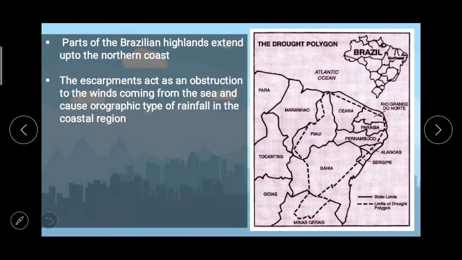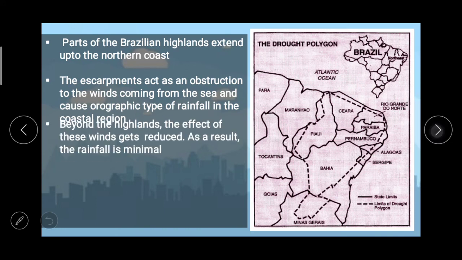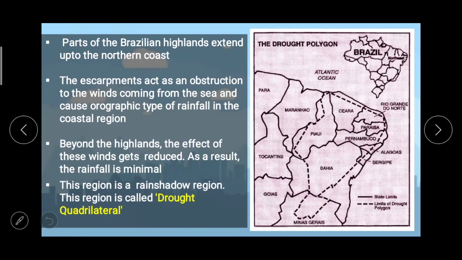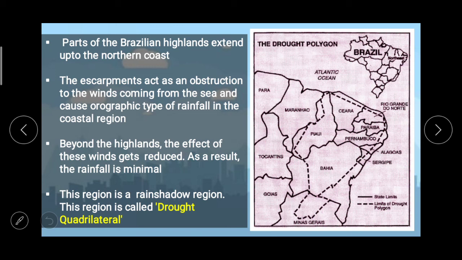Here you can see the map, the dot polygon. Beyond the highlands, the effect of these winds gets reduced, and because of this the rainfall is minimal there, and this region is a rain shadow region. This region is called dot quadrilateral because the rainfall gets reduced there.